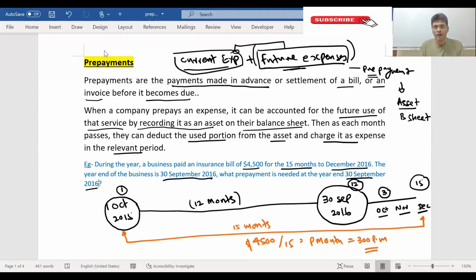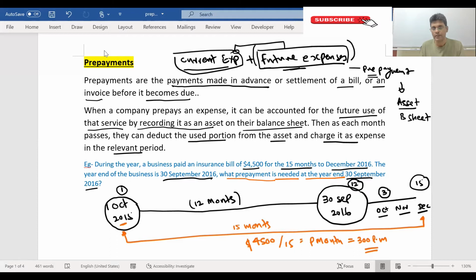What is the question? What prepayment is needed at the year end 30th September? Our financial period is from 1st October 2015 to 30th September.